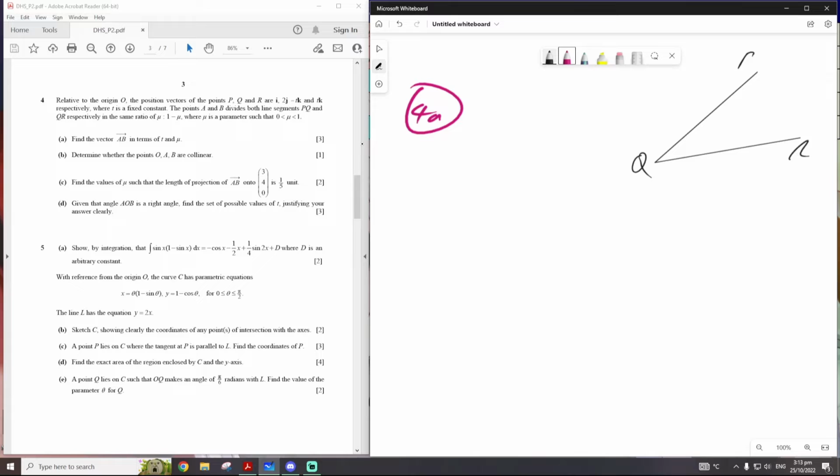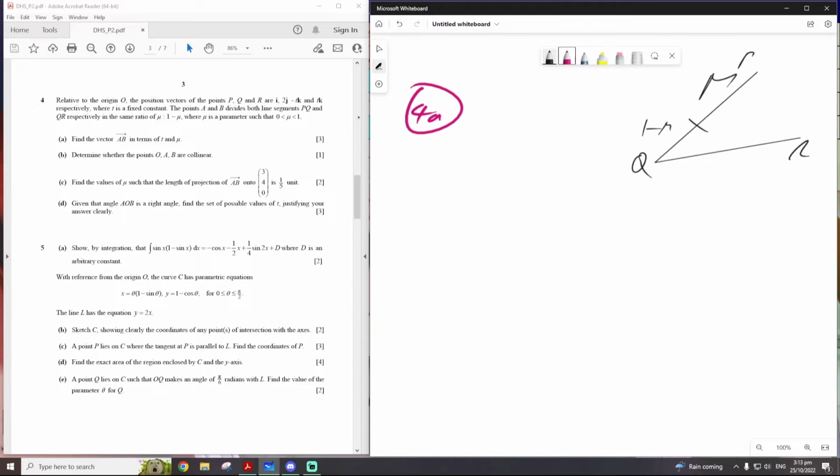The points A and B divide line segments PQ and QR respectively in the same ratio of mu to 1 minus mu. So that looks something like this. Oh no, sorry. Be careful. PQ, that means that this part is mu, this part is 1 minus mu.